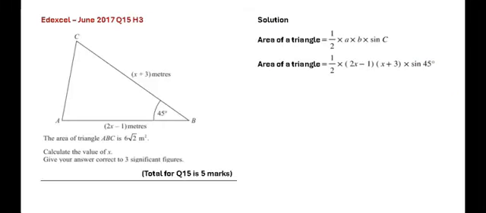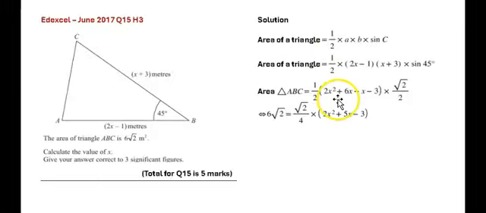Now we can work it out a bit, and we have 1/2, and if you expand the two brackets, we have 2x squared plus 6x minus 3, times sine of 45 degrees, which is square root of 2 over 2.